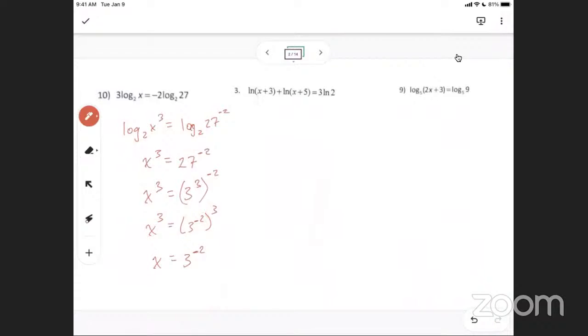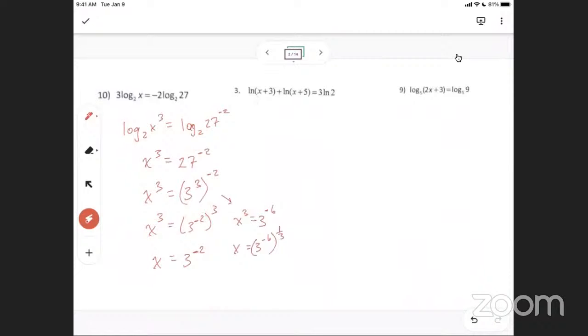But if that didn't make sense, you could just simplify this from this step. You can just write x cubed equals 3 to the negative 6th. And then you could take the 1/3 power of both sides to get rid of that 3. So x equals 3 to the negative 6 to the 1/3 power, because that's how you get rid of a power of 3.